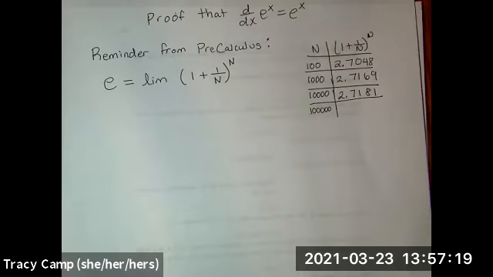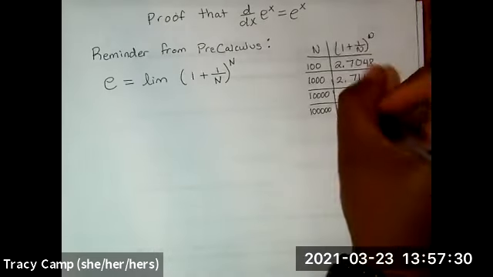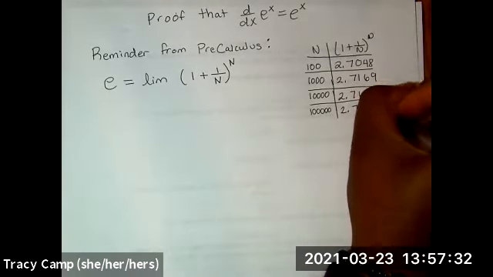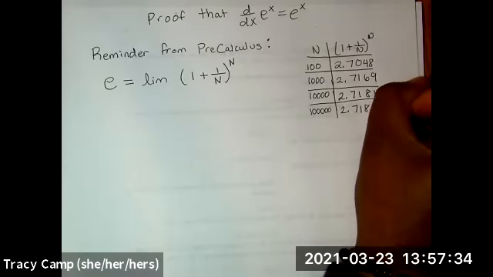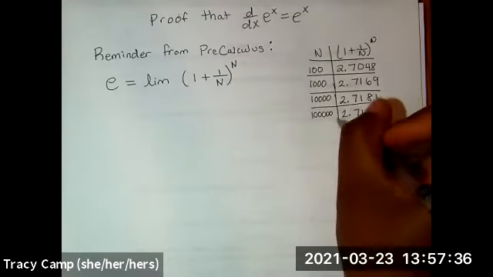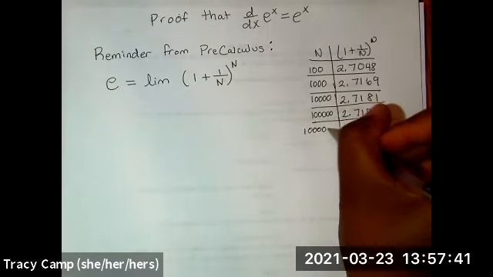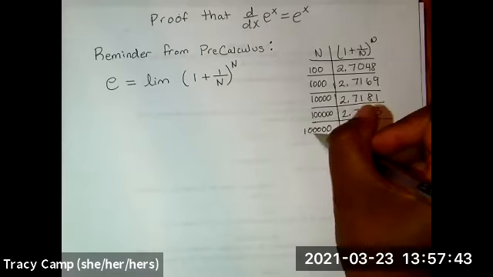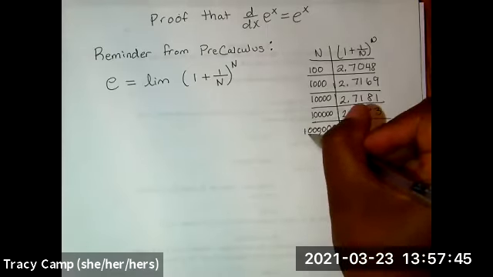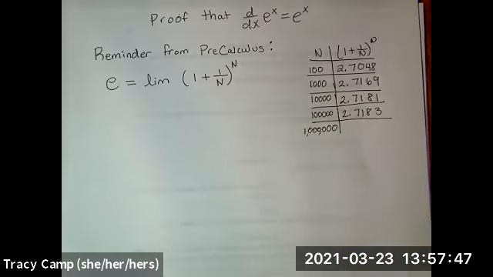When I plug in 100,000 for n, I get about 2.7183. The larger I go, the closer I get to this number e.